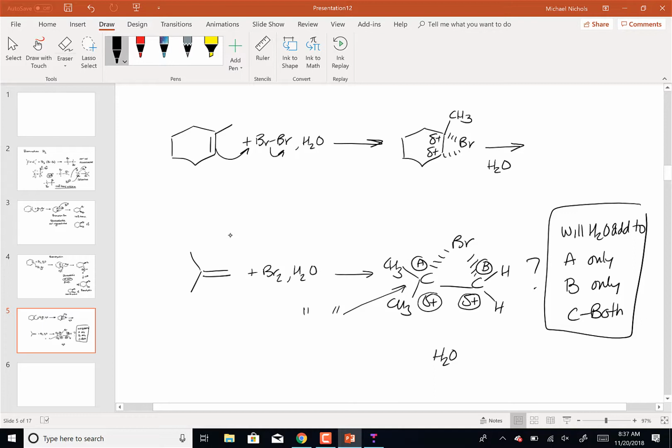So what does A look like? What kind of carbocation? Tertiary? Do we agree? How many carbons are attached to that carbon with the plus charge? 3. So that one kind of looks like a tertiary carbocation. What does B look like?